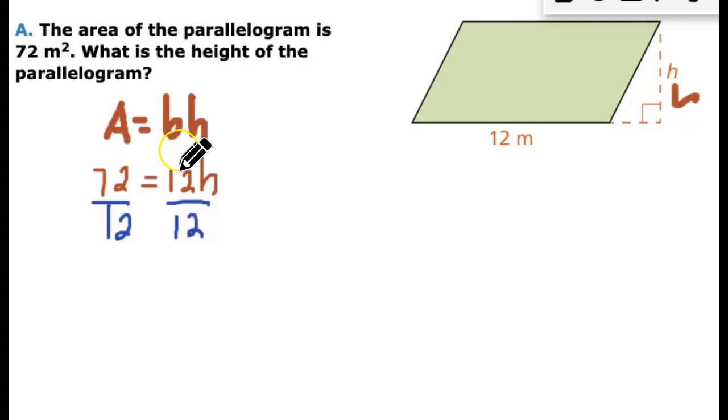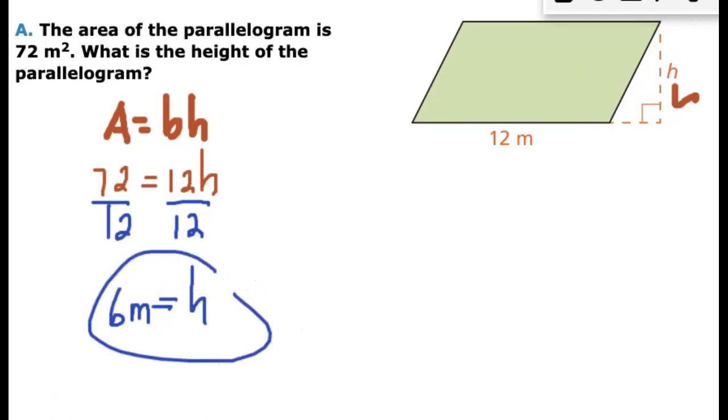So 12 divided by 12 is 1, and h is going to be 6. And since the unit is meters, we use meters. So now the height of this parallelogram is 6 meters. Every time the area is given and a side is missing, just substitute into the formula and use the rules of equations, the rules of inverse operations, to solve the problem.